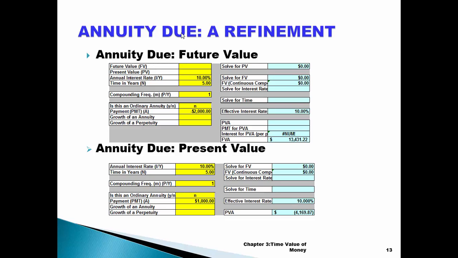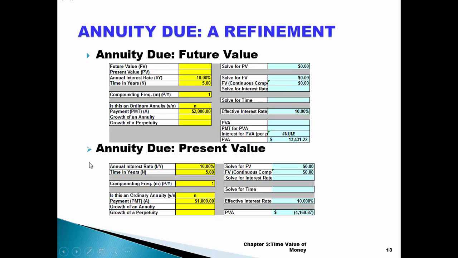And really this is not necessarily technical, but traditionally the financial calculators and the formulas for computers typically assume the cash flows happen at the end of the period because it matches the corporate cash flow concept. Cash flows always come at the end of the year. You don't know what they're going to be at the beginning of the year. But really, investments start at the beginning of the year.